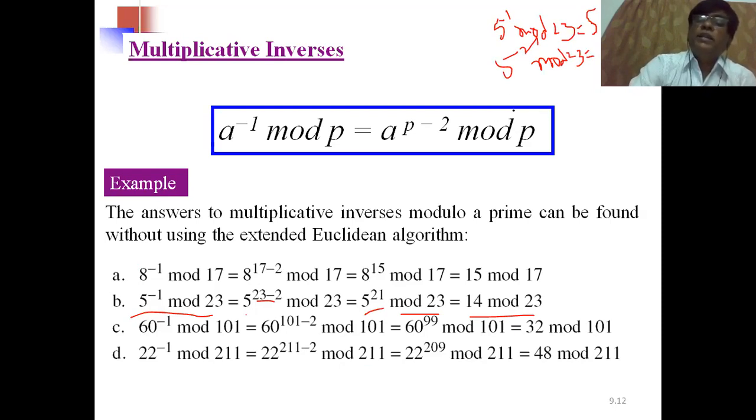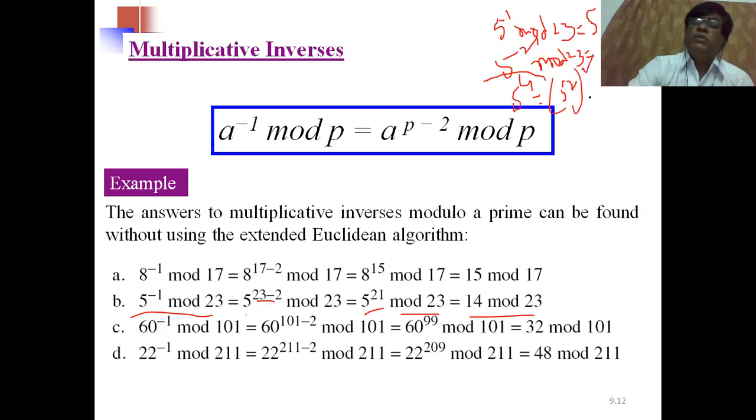Now calculate 5 to the power of 4 mod 23. This is similar to this value 5 square mod 23. That's why 5 to the power of 4 is equal to 5 square then square.